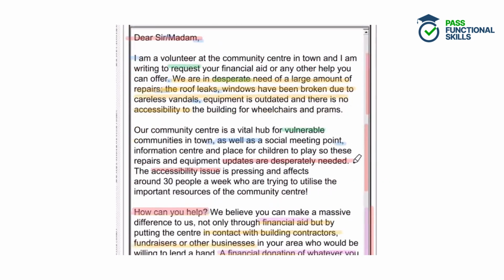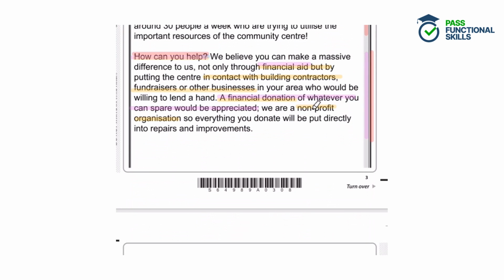We've also got lots of connective words and commas in the answer to link ideas together. So for example, we've got the use of and in the first paragraph a couple of times here to add additional information and ideas. And then further on, we have the use of commas and semicolons to connect some ideas together.